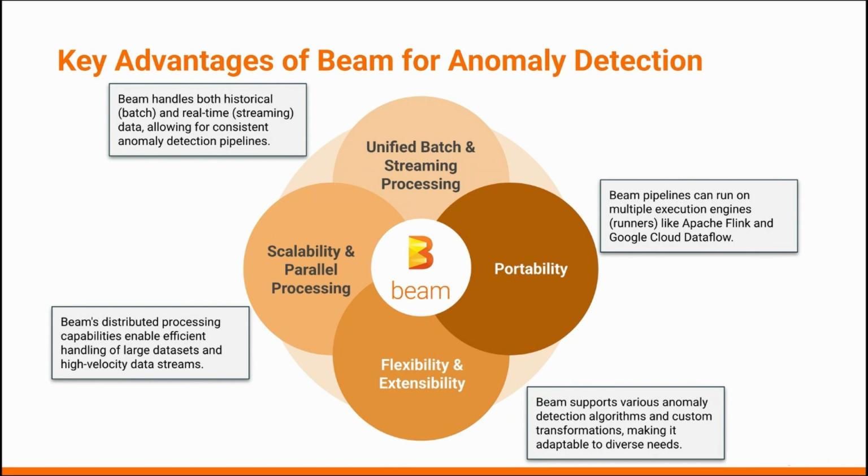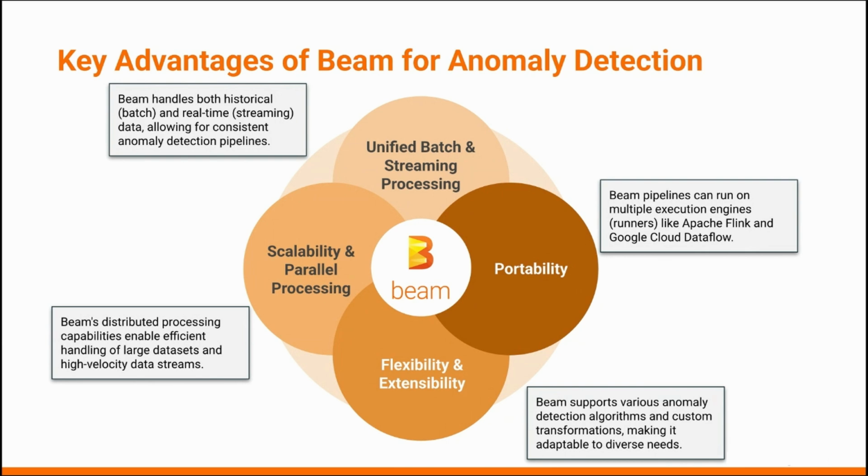This unified approach simplifies development and speeds up the creation of robust solutions. Second, with Beam's distributed processing capabilities, you can efficiently detect outliers in your data without worrying about how your computation is handled in parallel.